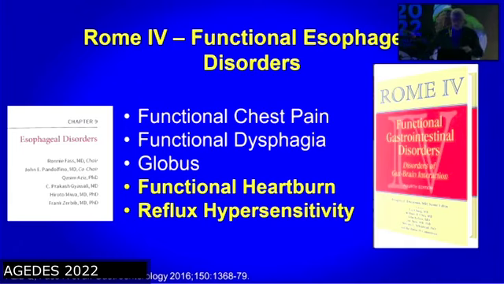What I want to show you here is that as part of functional esophageal disorders, we have two that have the same predominant symptom, which is heartburn. This is functional heartburn and reflux hypersensitivity. It is the first time that in our functional esophageal disorders, we have two disorders with the same predominant symptom.